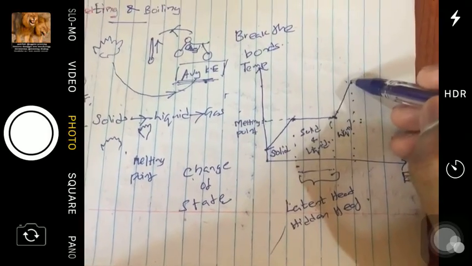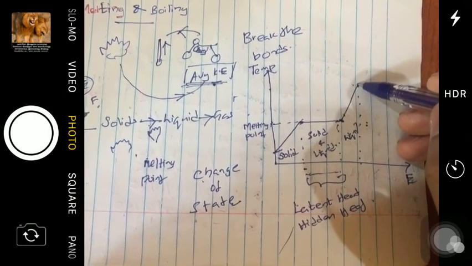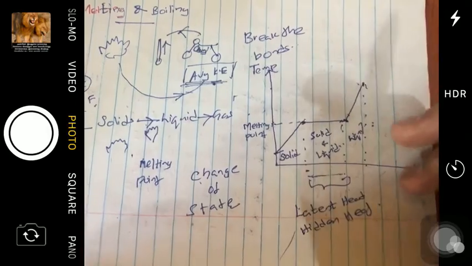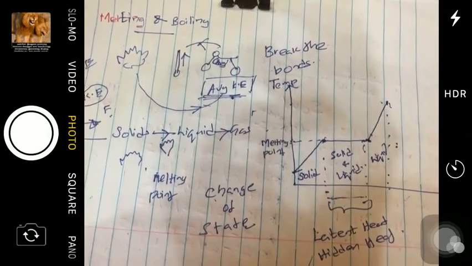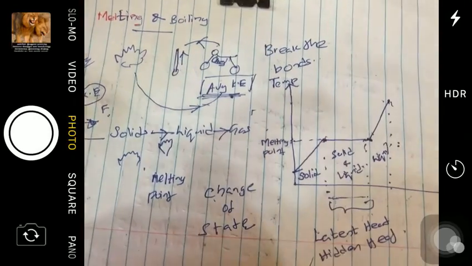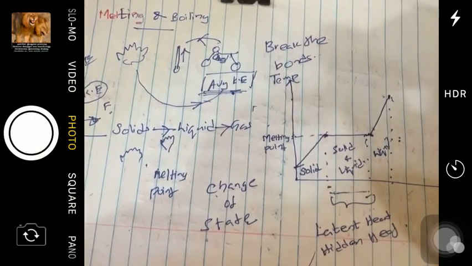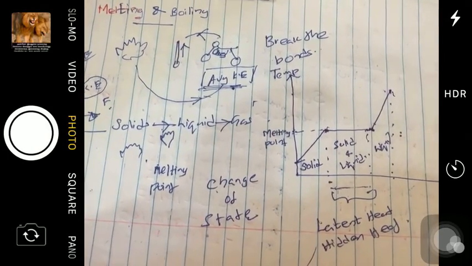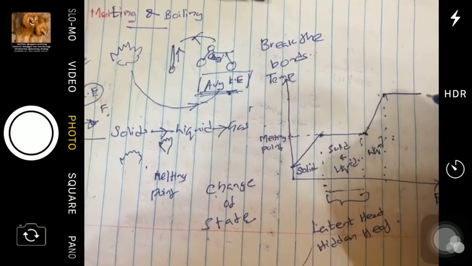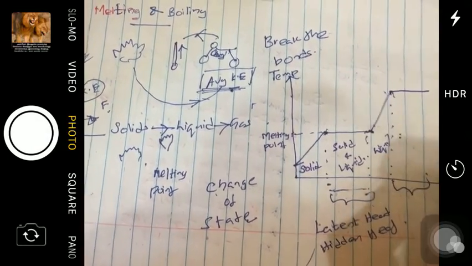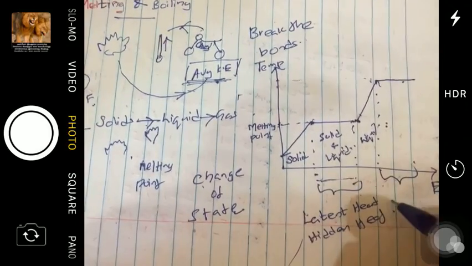But then again there is the next turning point, the boiling. Again during boiling the bonds of the liquid are broken, shattered, and a change of state happens. During that time also the energy that you are giving will not show up. So the temperature would remain constant at the same value, though the energy would be increasing.